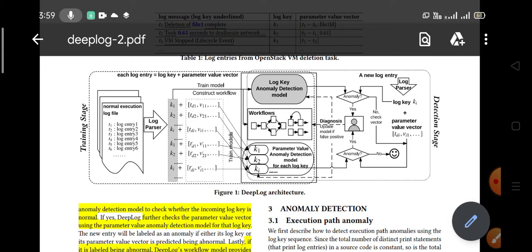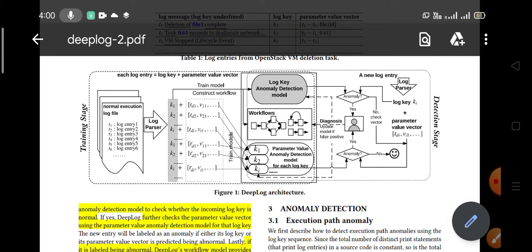If either of these models detects an anomaly, we feed this particular log message stream or log sequence into the workflow model. The workflow model will tell what type of error or anomaly it is, doing some diagnosis.